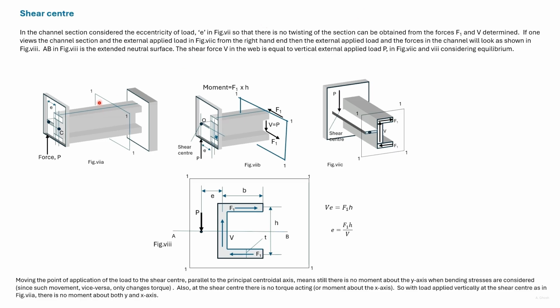If we consider a section 1,1, then with this line of action, the normal stress created will be such that there will be no moment about the y-axis. Also, as we have seen, there will be no torque or moment about the x-axis.